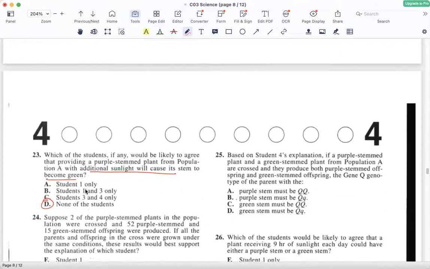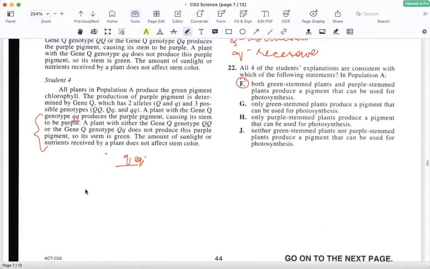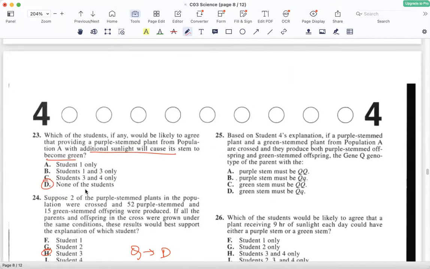So here with the purple one, it should be QQ. The green stem, yeah. So green stem has to be QQ because then the child will be small q, small q.